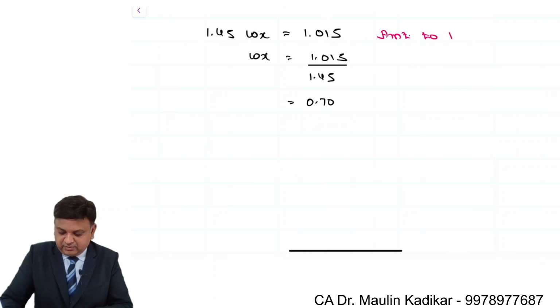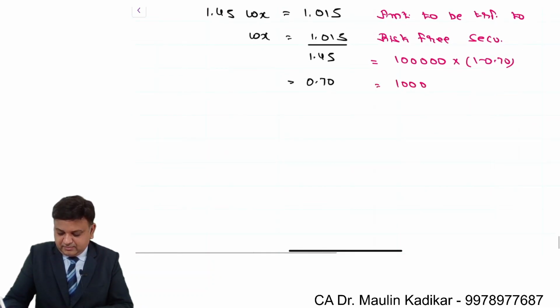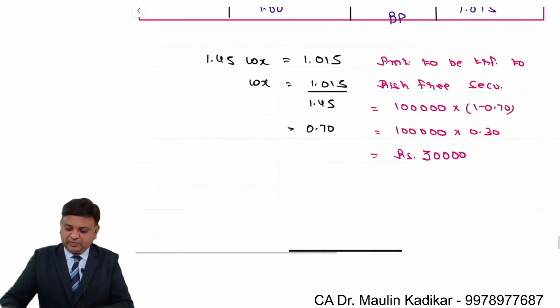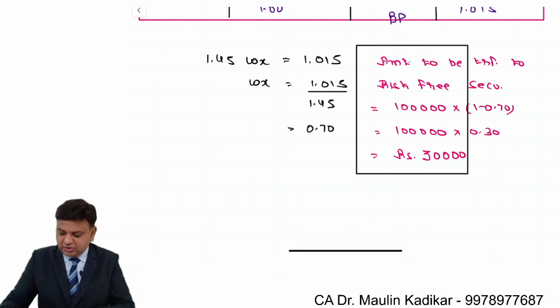Amount to be transferred to risk-free security will be calculated like this: it is 1 lakh into 1 minus 0.7, so 1 lakh into 0.3. That comes to an amount of rupees 30,000. So 30,000 is supposed to be transferred to risk-free security so that the beta of the portfolio will reduce to 1.015.